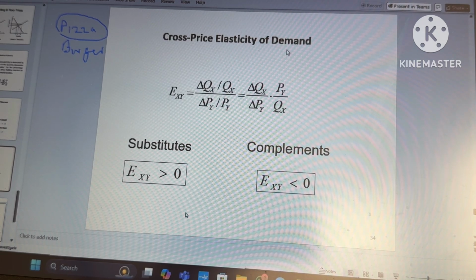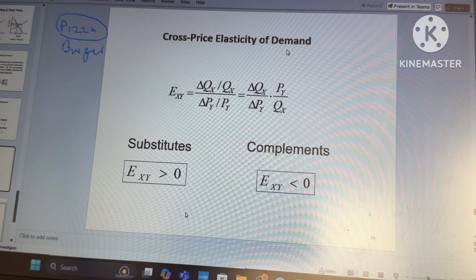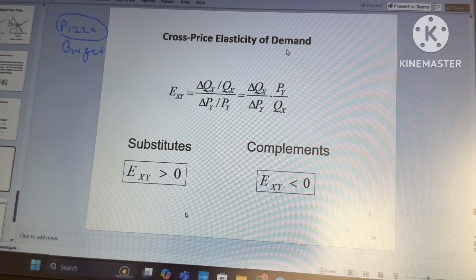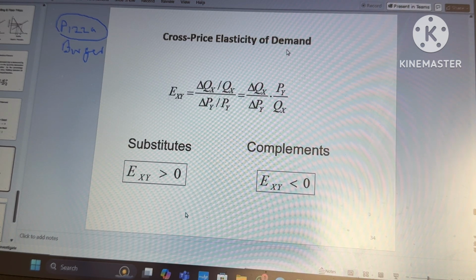Therefore, pizza needs to respond to burger strategies quickly. Otherwise, pizza will lose customers. Again, burger people should also be alert to what pizza people are doing. There is close competition between these two types of products. Therefore, cross price elasticity measures how closely related these two products are.